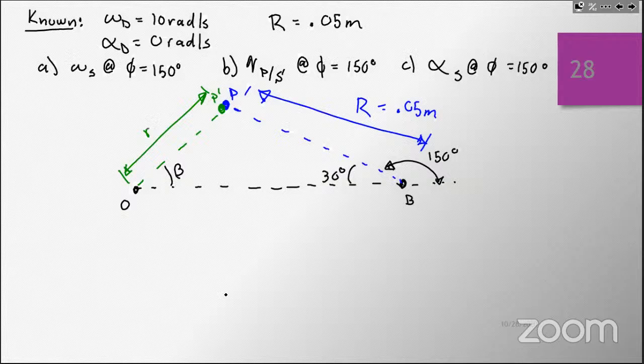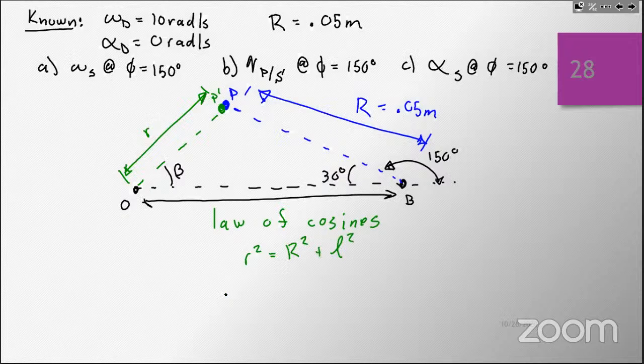So we should be able to use the law of cosines to figure out this green R. The law of cosines tells us that R squared is equal to capital R squared plus L squared minus 2 R L cosine of 30 degrees. That's that 30 degrees right there.